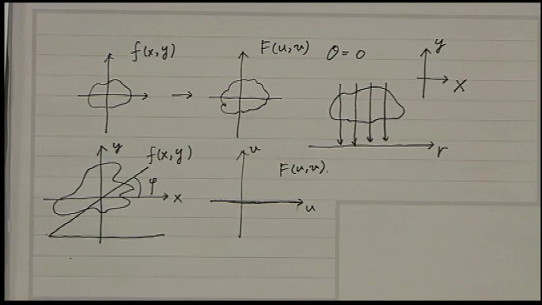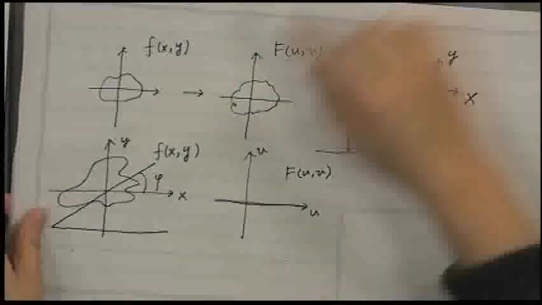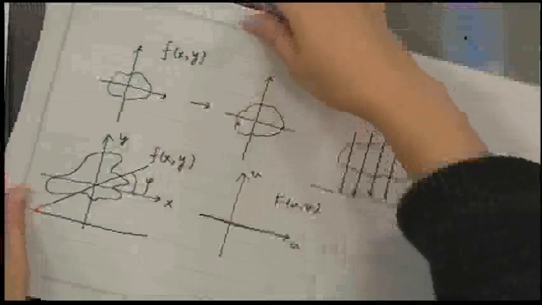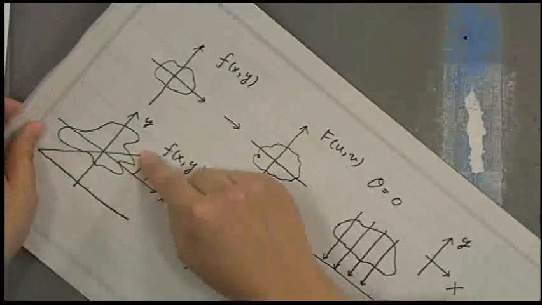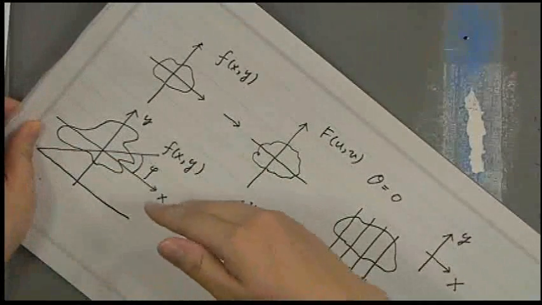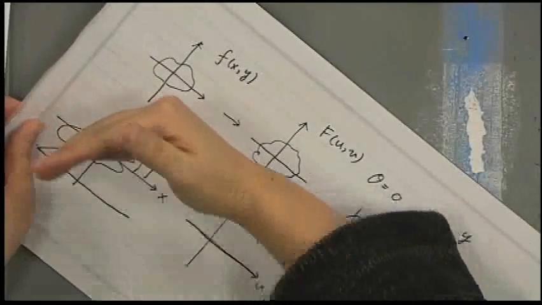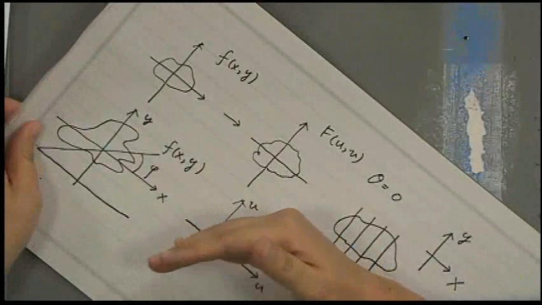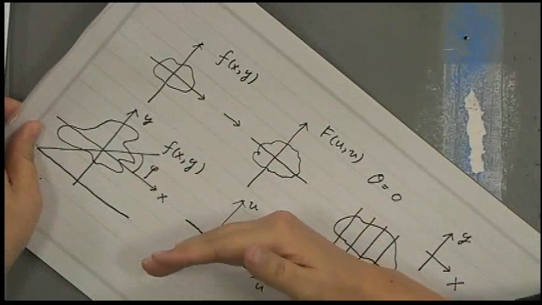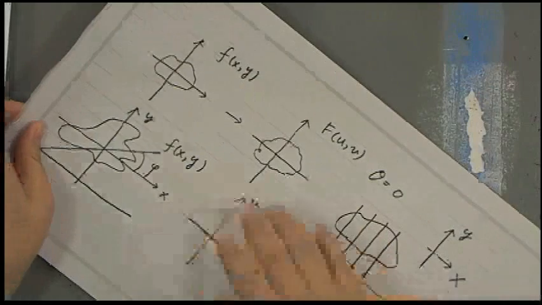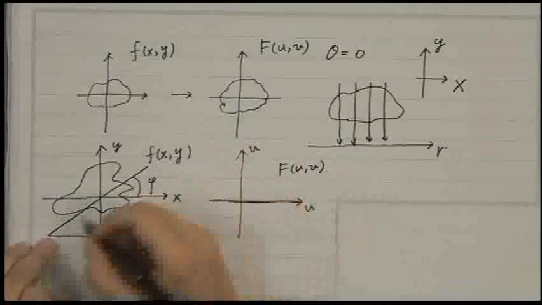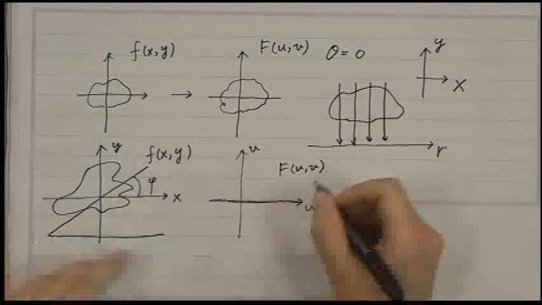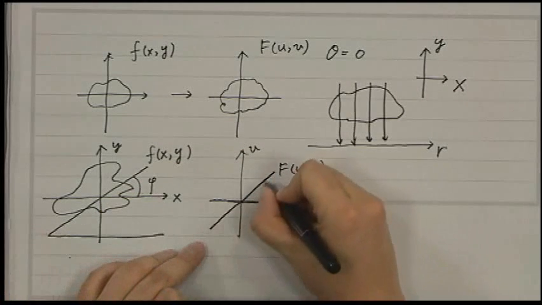Then what we can do is, look at this, and rotate the object so that this line matches the x axis. Then this maps to the value of the rotated frequency transformation line. So that means the Fourier transform of this projection matches actually here.